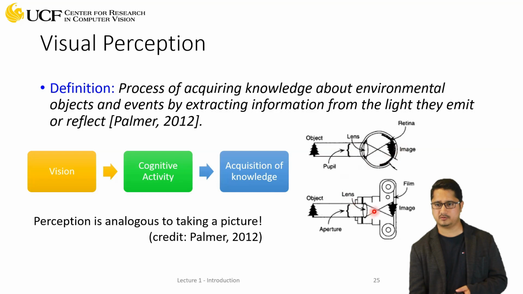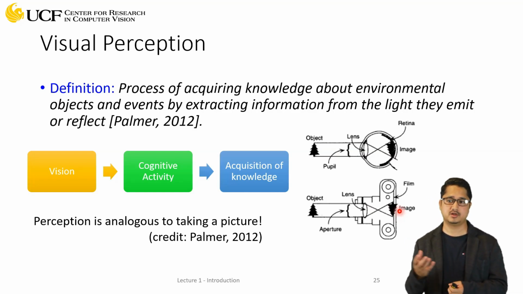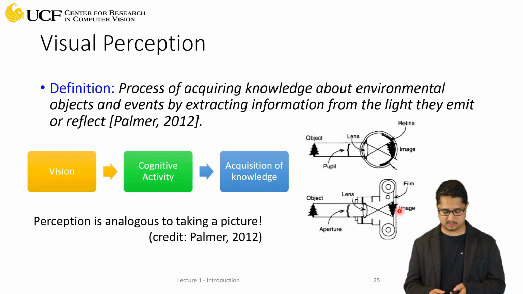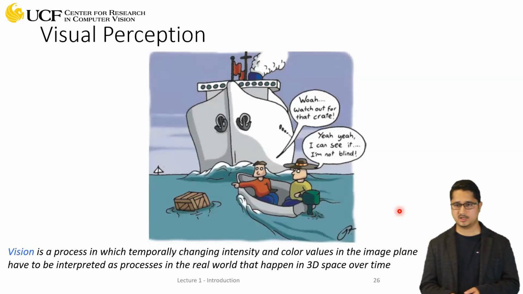Similarly, we have a camera. We have the same object, a tree, here, and the light reflected by this object passes through the lens of the camera, and an inverted image is formed on the film of the camera. This process is just capturing the visual information. It doesn't give any interpretation of which object is present, which is actually very important.